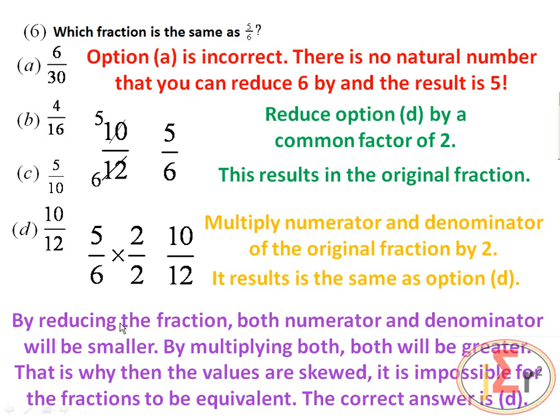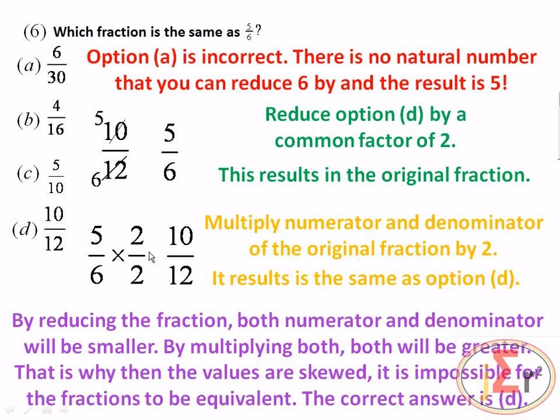It cannot be a correct answer because in order to get equivalent fractions, we will have to either reduce by a common factor, in which case both numbers will be smaller than the original, or we need to multiply both numerator and denominator by a common factor, in which case both numerator and denominator will be larger.